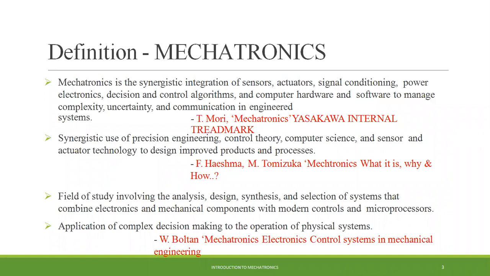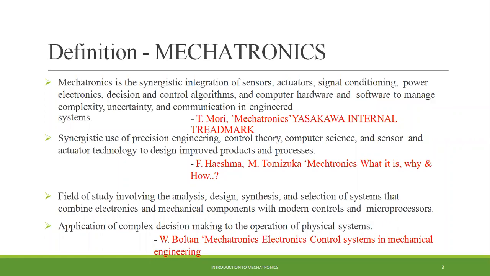We will be analyzing whether the dimensional accuracies are maintained or not by ANSYS and related software to analyze the design processes. And then selection of systems that combine electronics. Electronics involves the electrical power supply and the interconnectivity that we discussed initially.